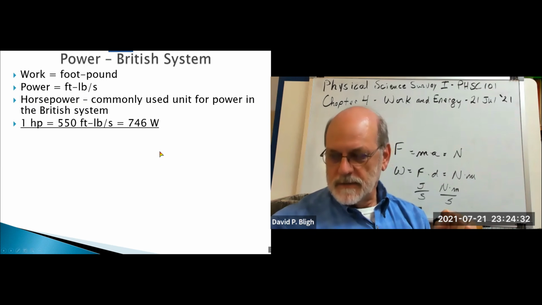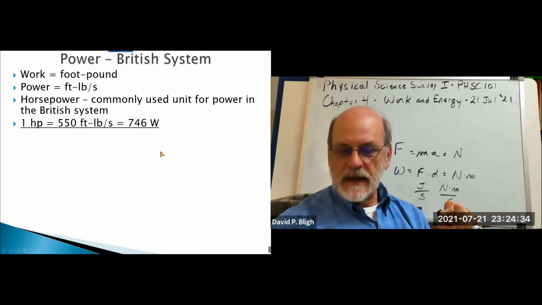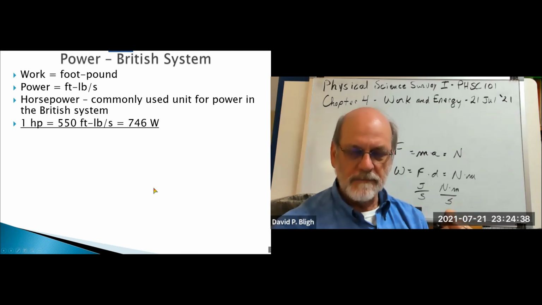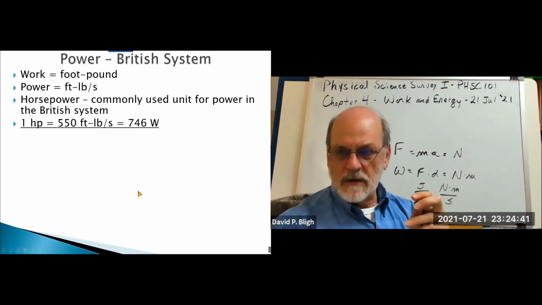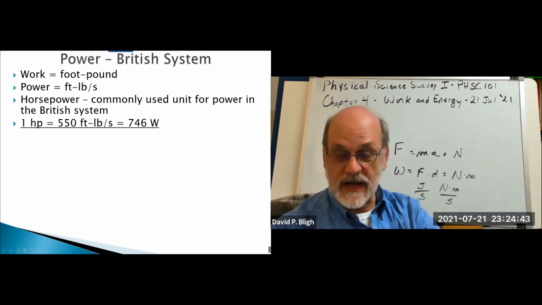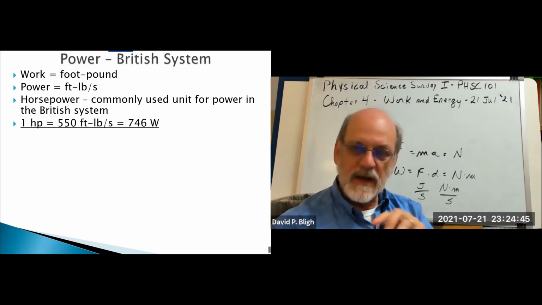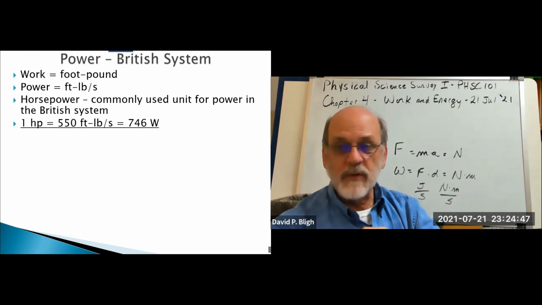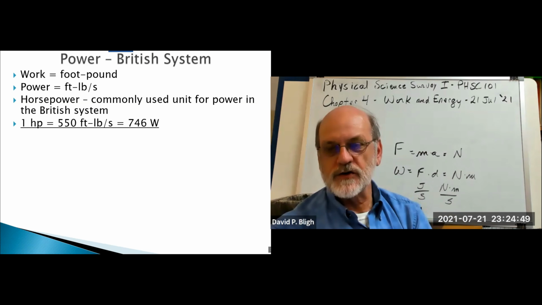So the inventors of the steam engine, I can't remember which one it was at the moment, decided that in order to sell our steam engine as a substitute, we need to be able to relate it to what people already understood. They understood horsepower.